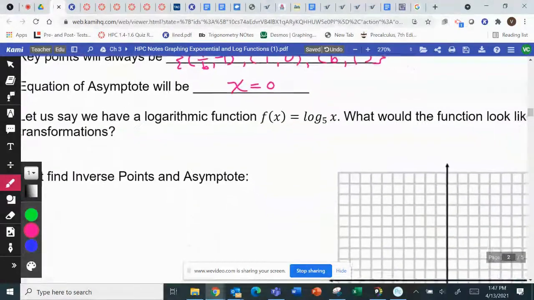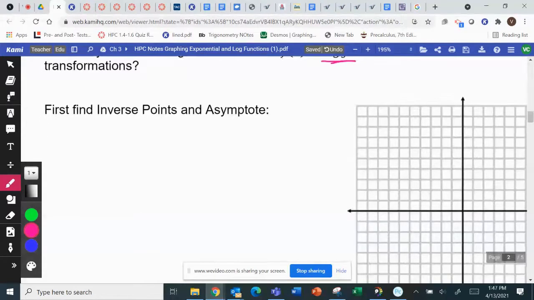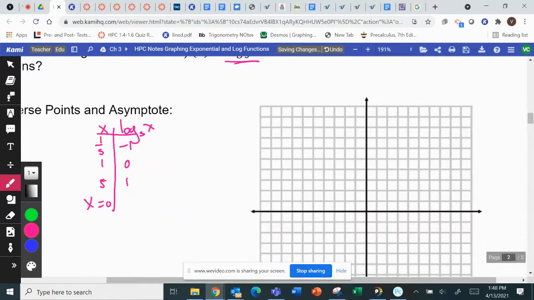So our example graph is going to be what we were just talking about on the previous page, log base 5 of x. So I'm going to plot that one. My asymptote at x equals 0 is going to be up and down.